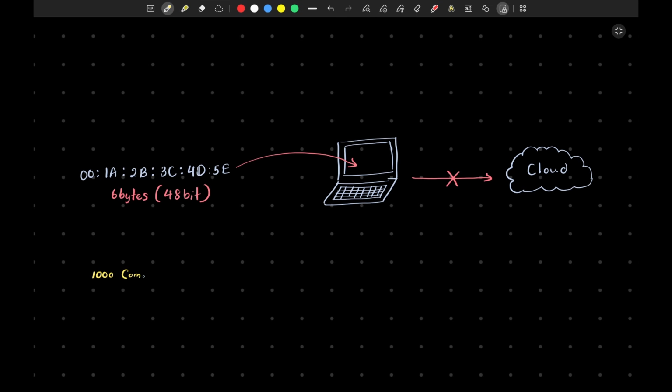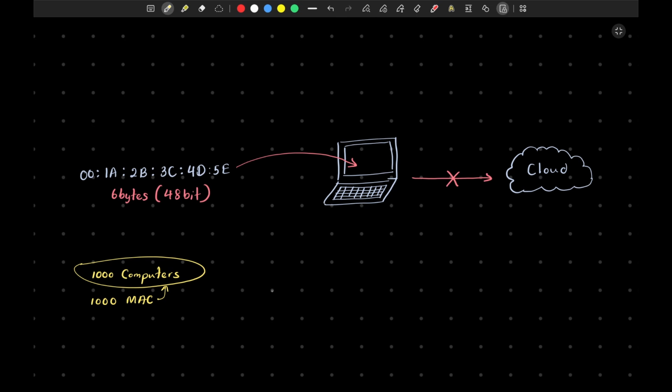Then there are 1,000 unique MAC addresses as well.